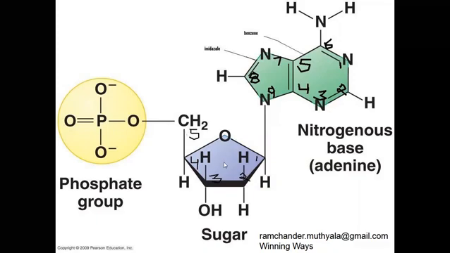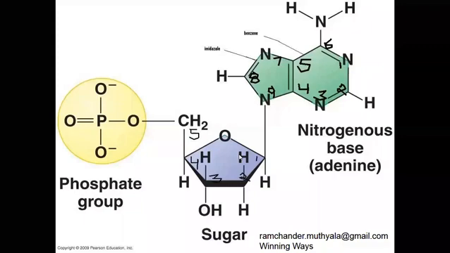The chemical formula of sugar molecule is C, H, O, meaning carbons, hydrogens, and oxygens are present. See here, carbons are 5. Oxygens are 5. If oxygens are 5, we call it ribose sugar.